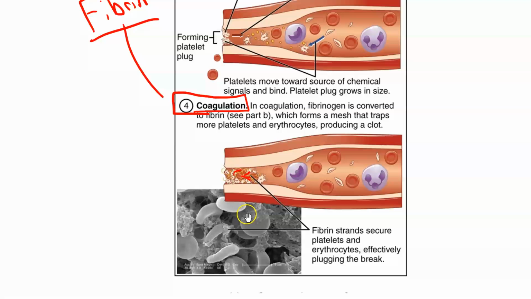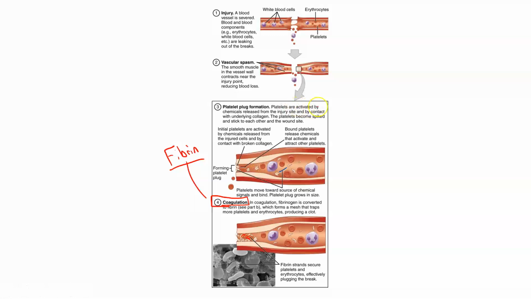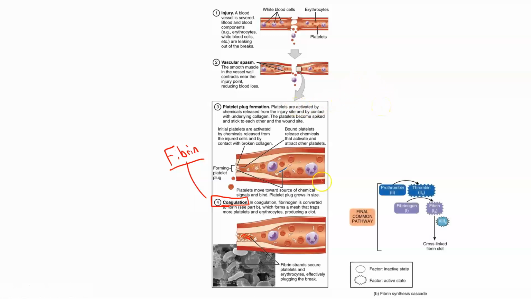Now, how fibrin is made is a very, very complicated process, which I won't ask you to know, but I do want you to know at least some of the process. It looks something like this. There is dissolved in the blood a substance called prothrombin, and there's a factor called factor 10.